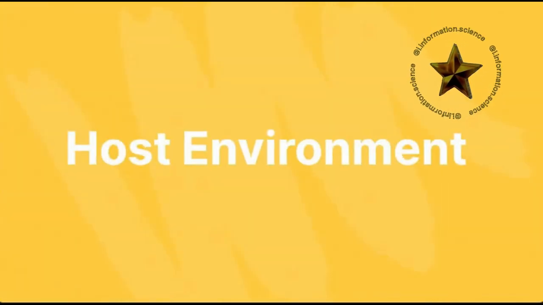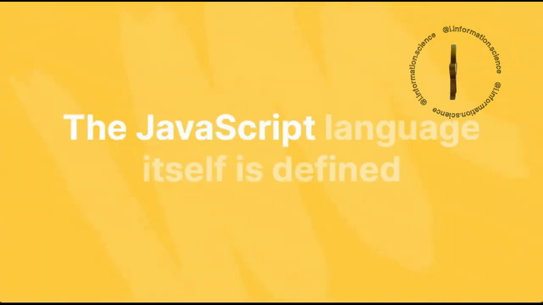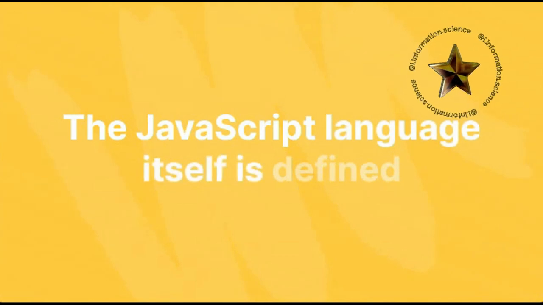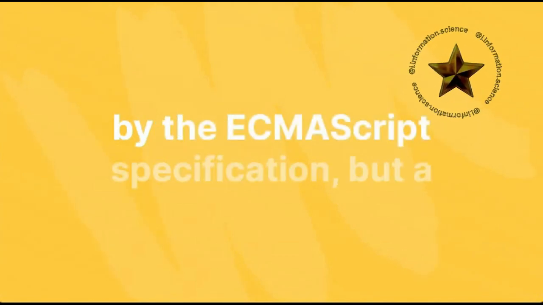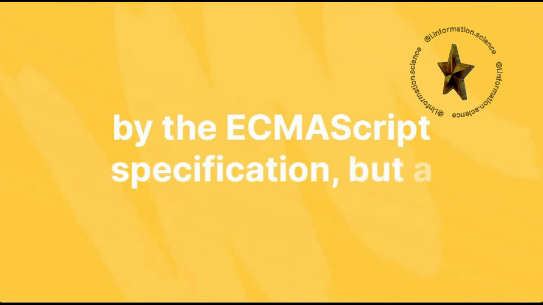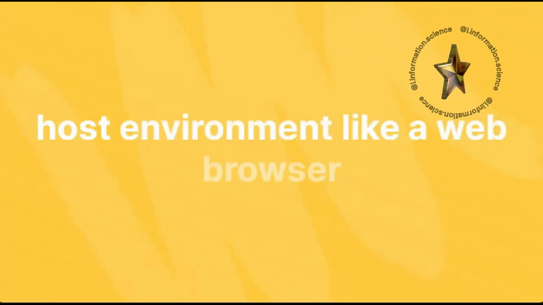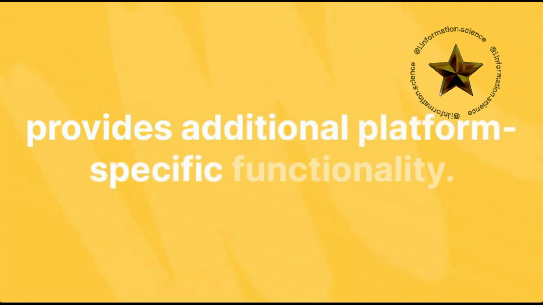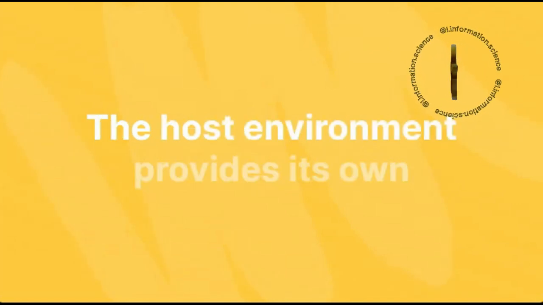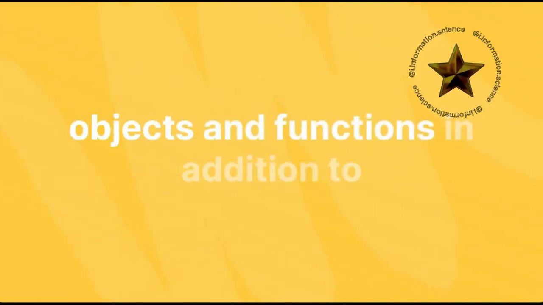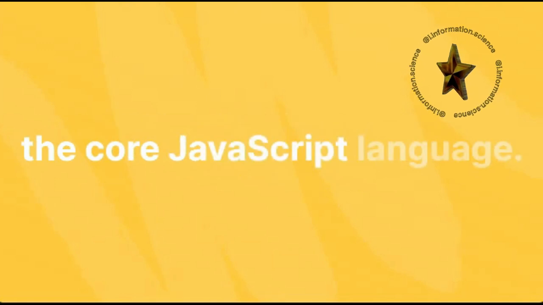Host environment. The JavaScript language itself is defined by the ECMAScript specification, but a host environment like a web browser provides additional platform-specific functionality. The host environment provides its own objects and functions in addition to the core JavaScript language.